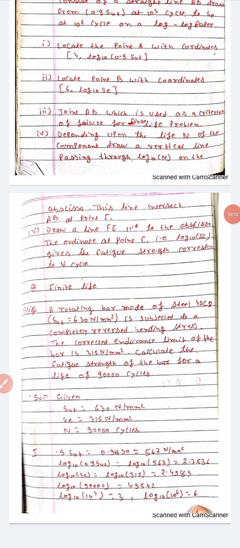Now start the question. Given SUT is equal to 630 Newton per millimeter square. SE is the corrected endurance limit. In some questions you may get the SE dash value, so for that you have to find the SE value, that is Ka into Kb into Kc into Kd, if information about the fatigue stress concentration factor is given in the question.